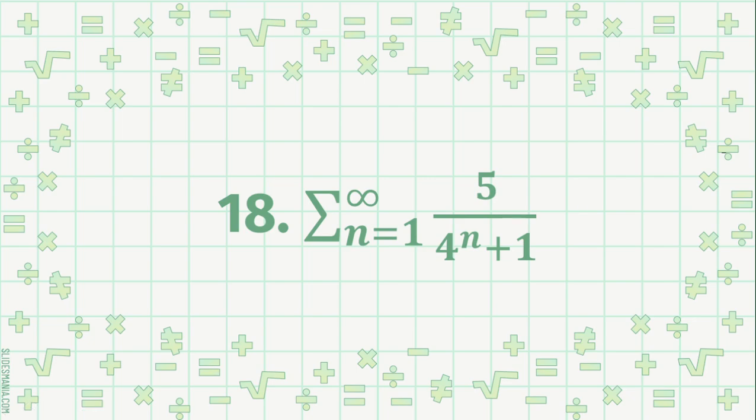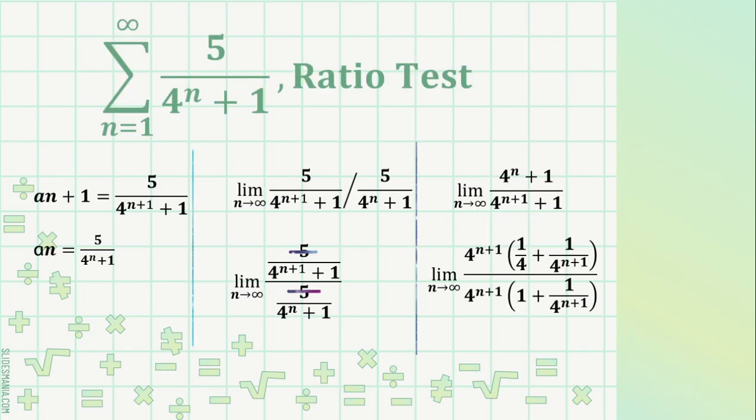And number 18 is 5 over 4 to the n plus 1. And then we can use the ratio test. It's similar to the limit comparison, but there is a little difference. First, we need to define an plus 1 and an.